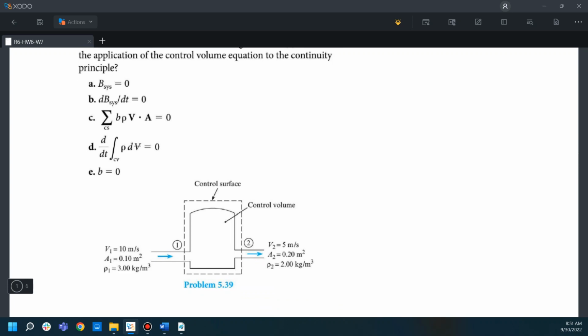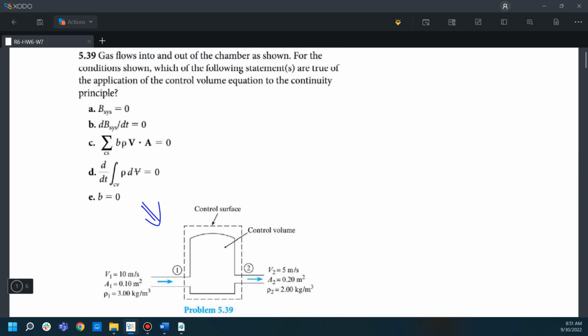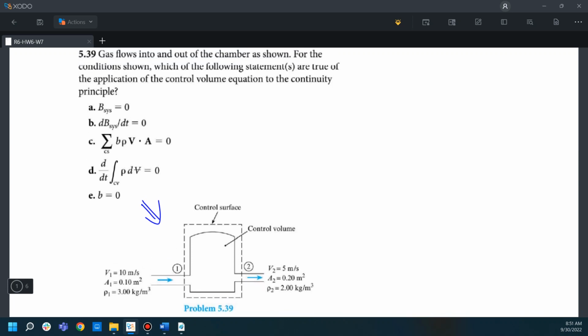And we have the chamber look like this. And to answer all these options, we will need to apply the Reynolds transportation theorem and to see the general form of the continuity equation.